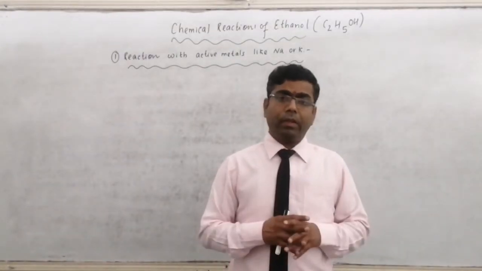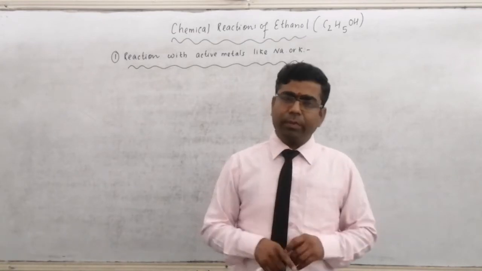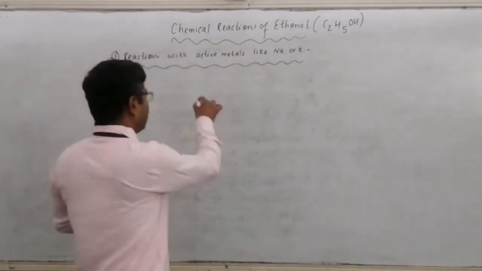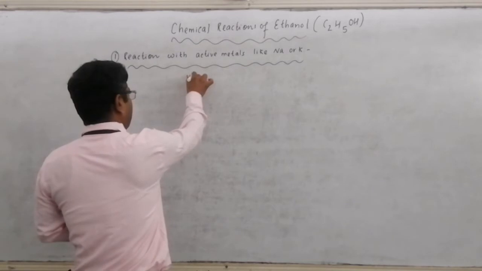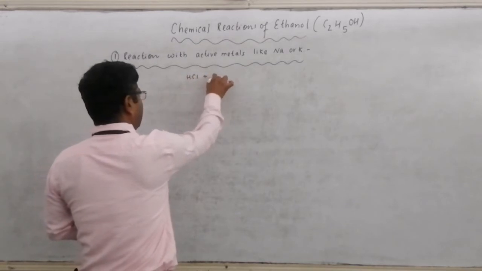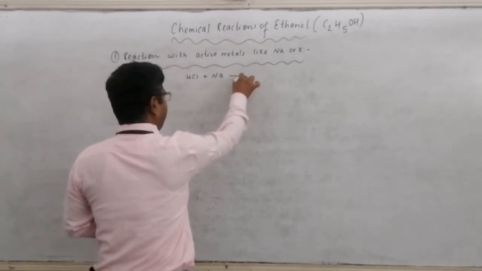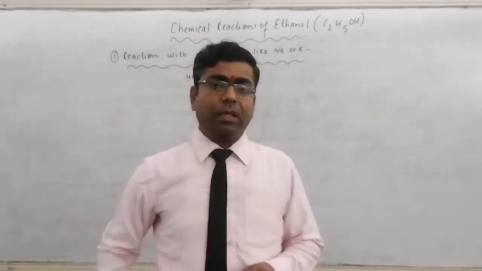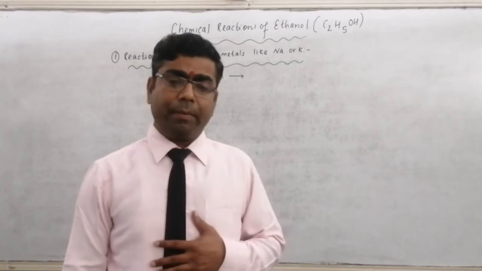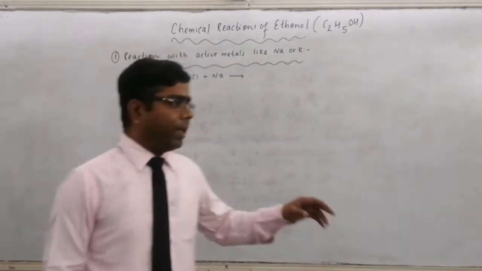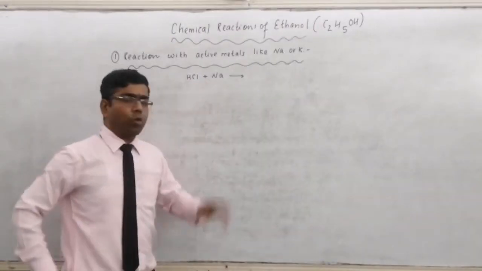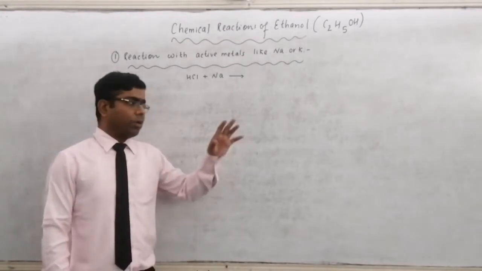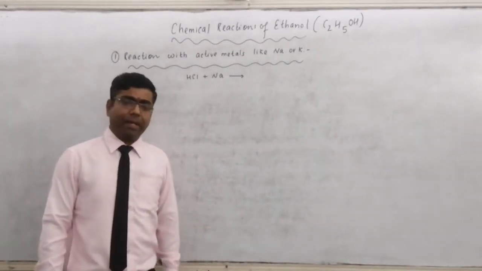Like, if HCl is made to react with Na. HCl is an acidic compound because it can form H plus ion. So here this hydrogen is called acidic hydrogen because it can be released in the form of H plus ion.